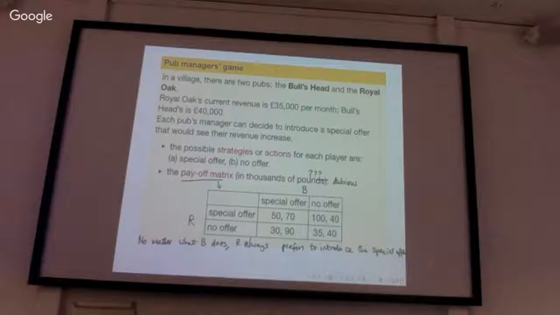We say that no special offer is a strategy which is dominated by the other one, for R. So no matter what B does, we don't want to do no special offer.